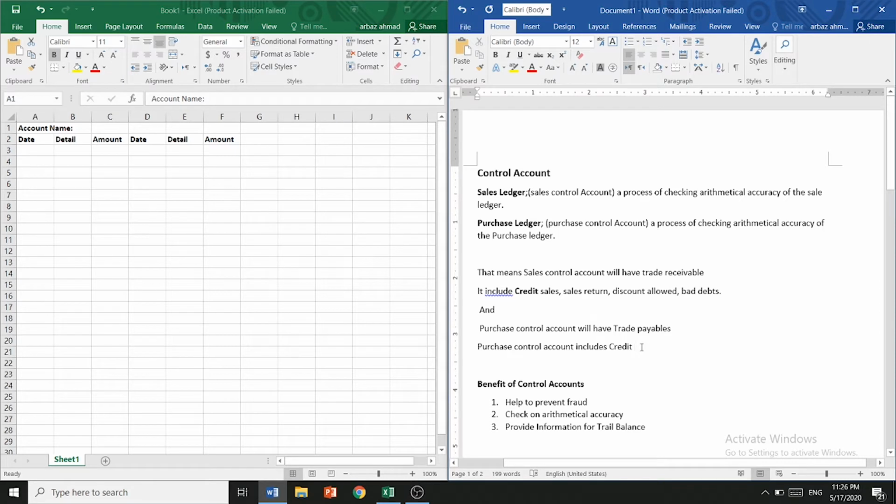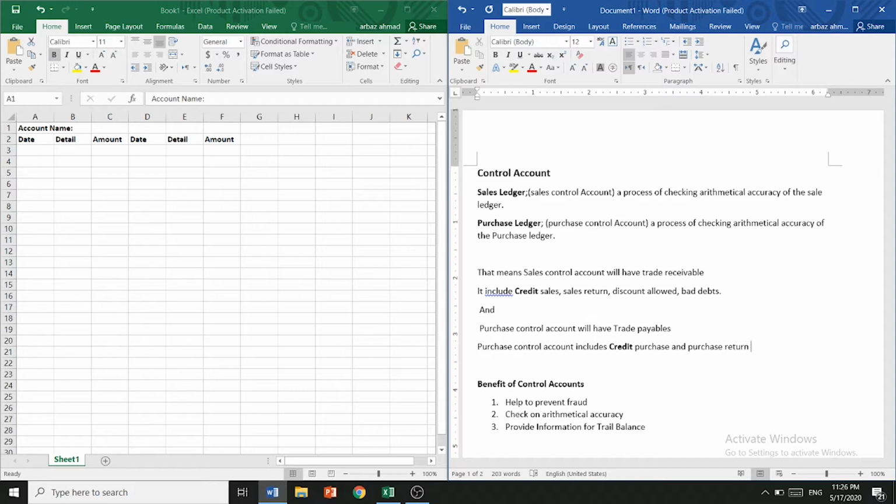That's why I am emphasizing on credit more. So let me make it bold and let me continue: credit purchases, and we have purchase return.